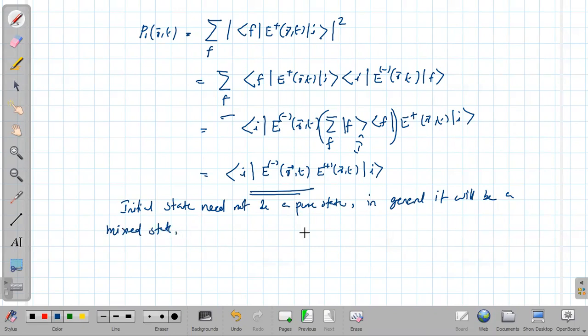And a mixed state is usually represented by the density operator. So the density operator ρ can be written as the sum over i of P_i |i⟩⟨i|. This is the usual representation of a mixed state.